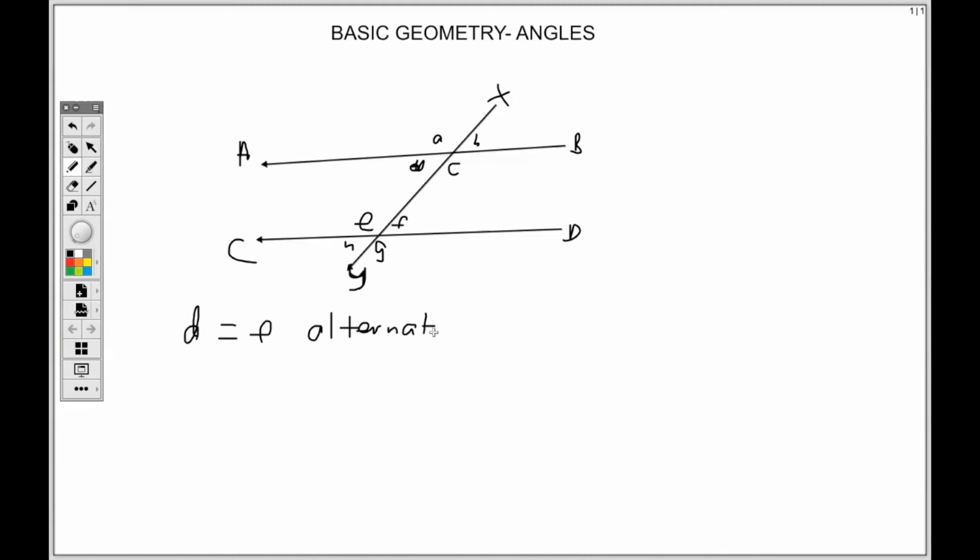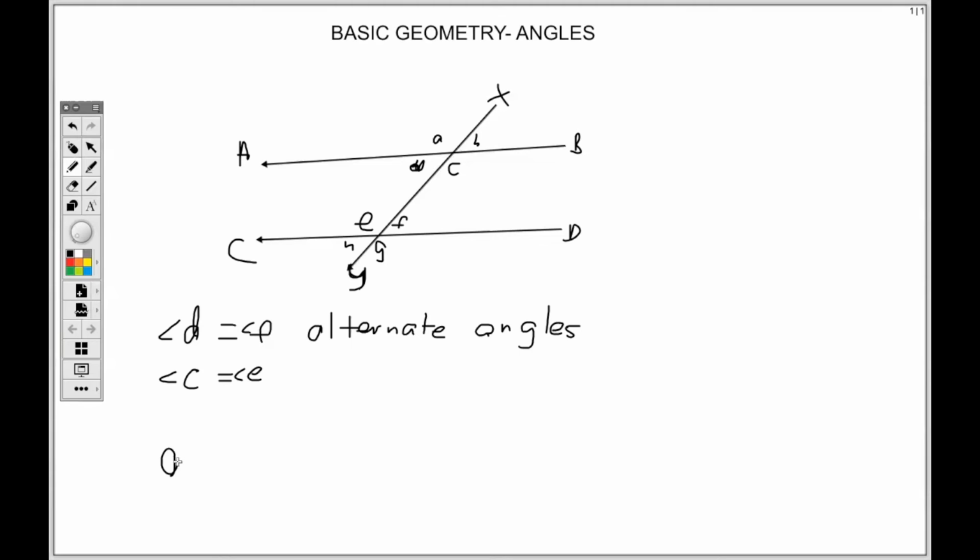So that's why it's called alternate angles. But that's not the only alternate angle. We also have angle C and E. So C and E, the angles are the same. These are alternate angles.